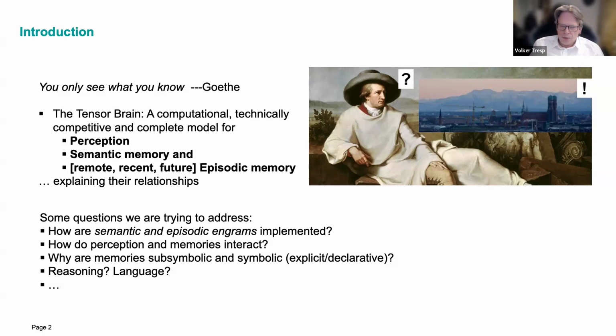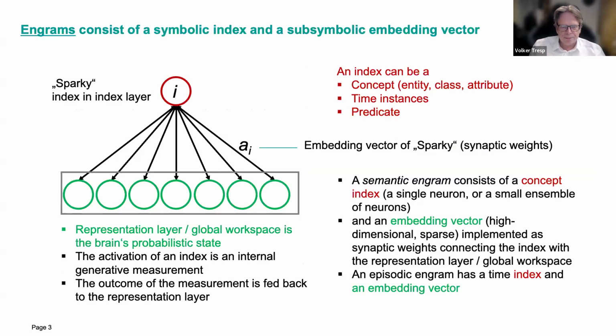And why are they sub-symbolic but also symbolic? Now we have some visual impression of a past memory, but we can also immediately talk about it. And a short exploration in the direction of reasoning and language. This is a small part of an introduction to our larger work on the tensor brain. This is a very simple model.